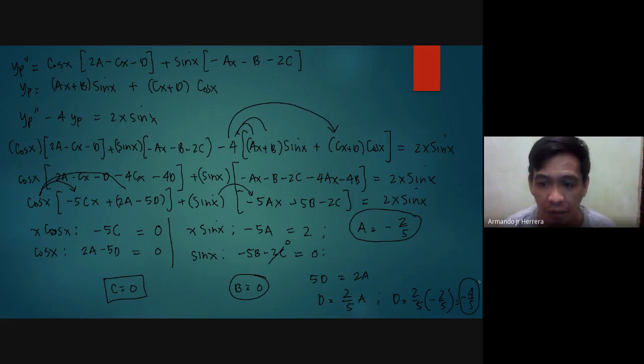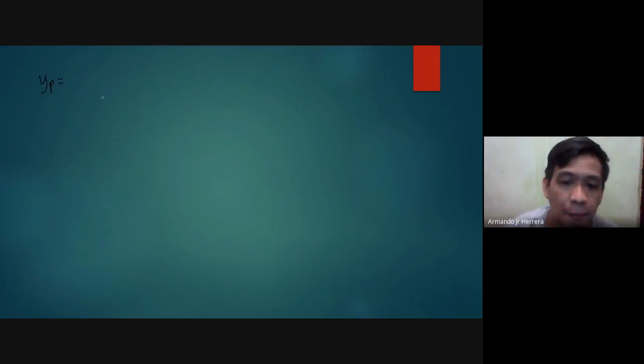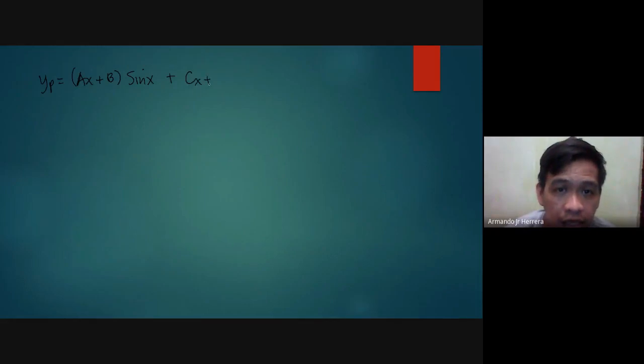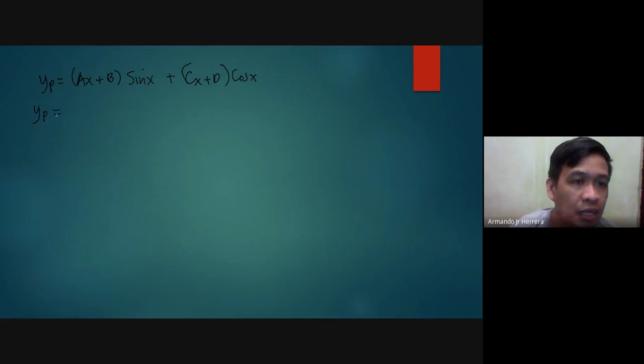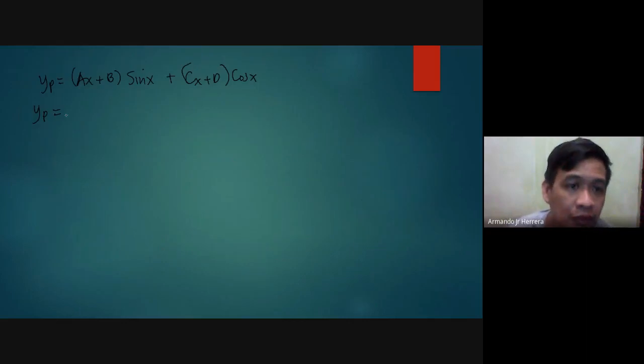So therefore, our answer there is, what was our yp again? yp is equal to (ax plus b) sin x plus (cx plus d) cosine x. Here, what's the value of a? Negative 2 over 5.